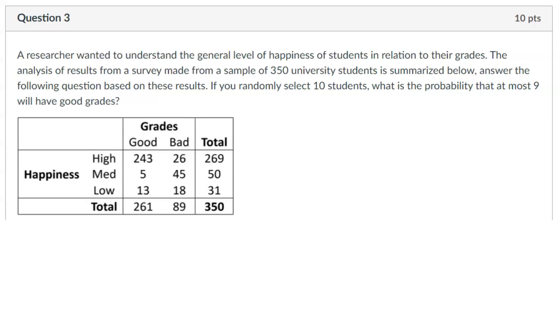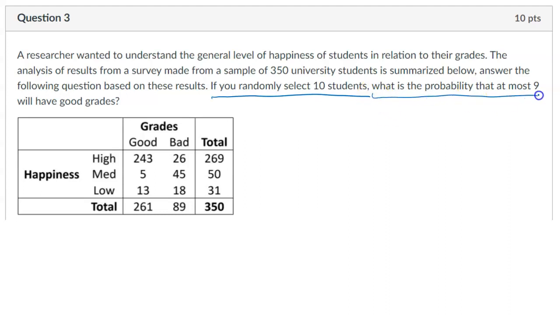So let's look at this here. First, you have to understand what they're asking you to get, right? They're saying, if you select 10 students. So right now we are working on that assumption that we are going to select 10 students.